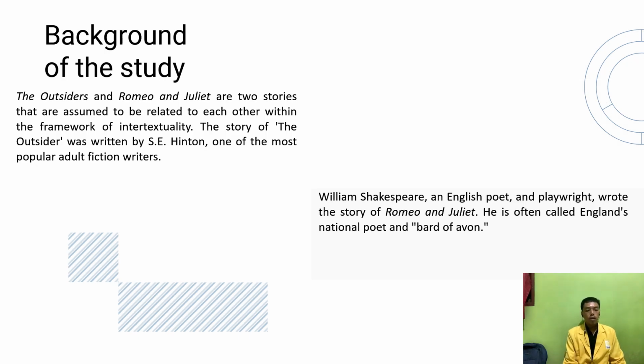The Outsider and Romeo and Juliet are two stories that are assumed to be related to each other within the framework of intertextuality. The story of The Outsider was written by Susan Eloise Hinton, one of the most popular adult fiction writers.